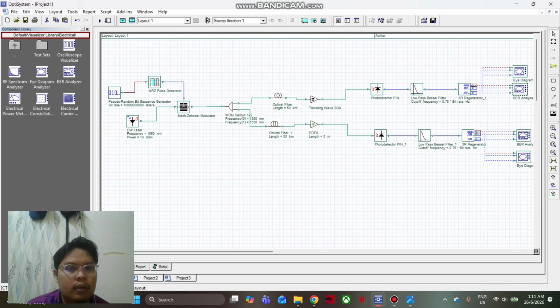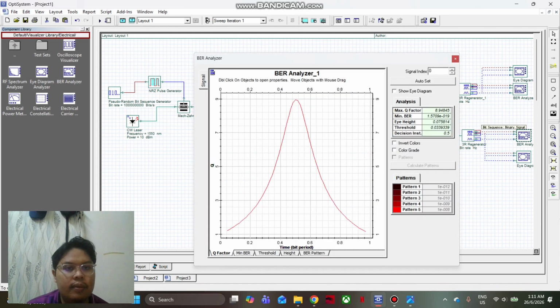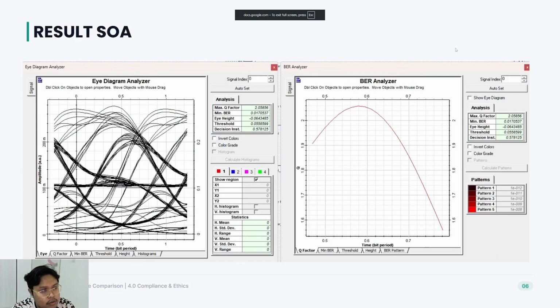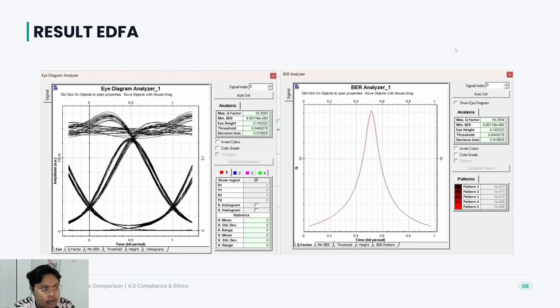For EDFA, we get the Q factor 8.94845 and minimum BER 1.5709. Okay, this is the result for SOA and this is the result for EDFA.